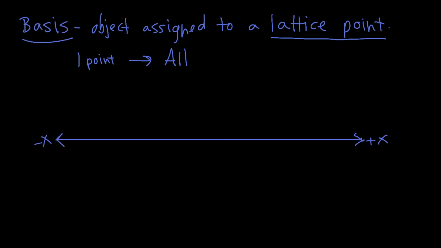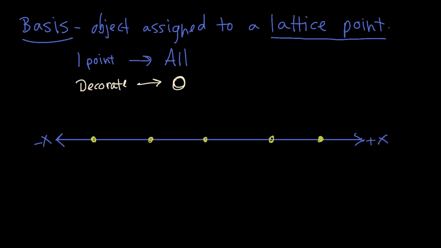I can draw some more lattice points, space them out decently. And now I'm going to define a basis. I'm going to decorate the lattice points. Each lattice point is going to get an object assigned to it.